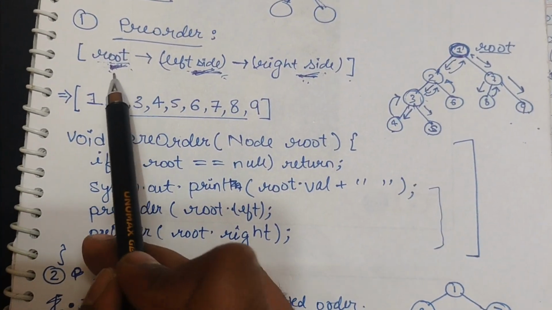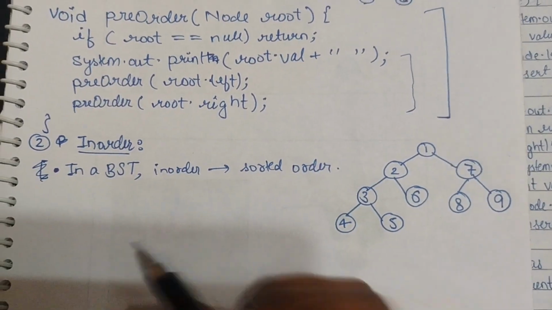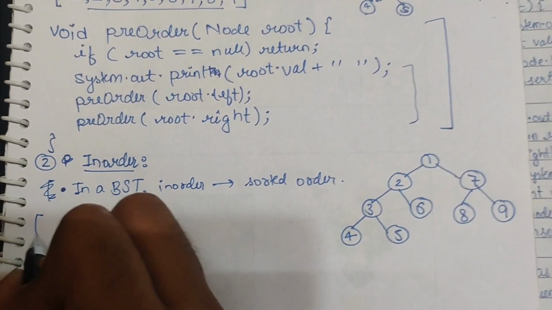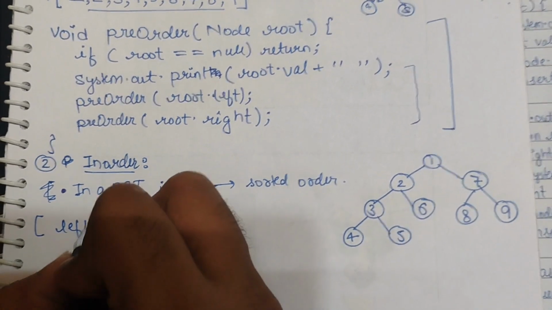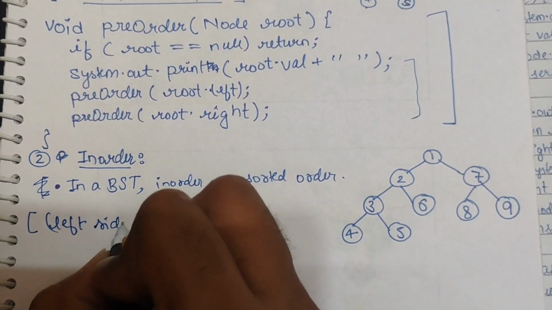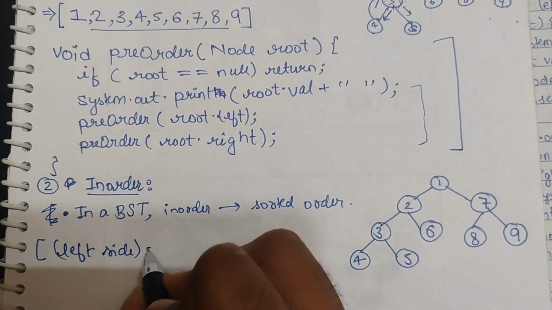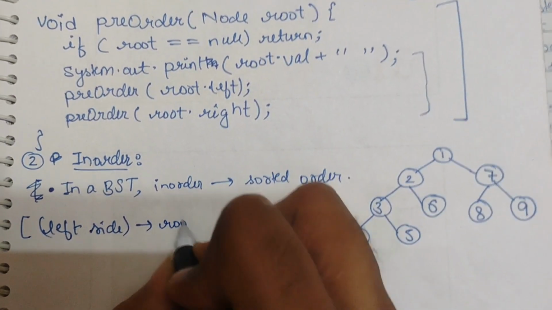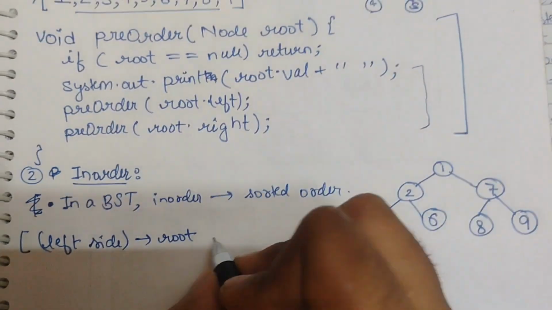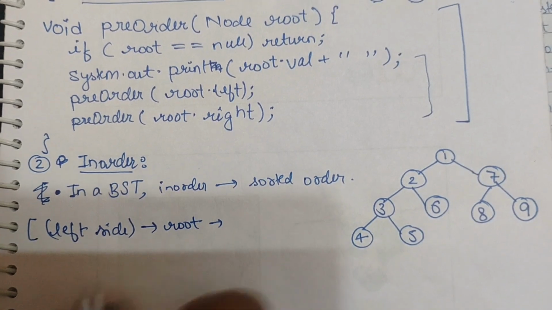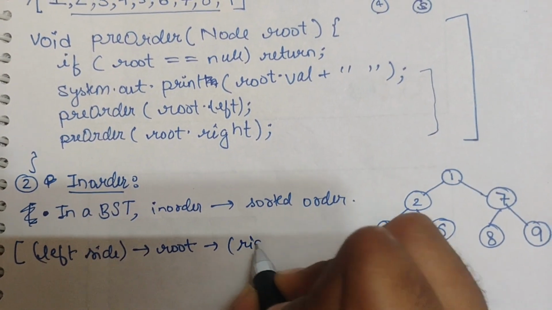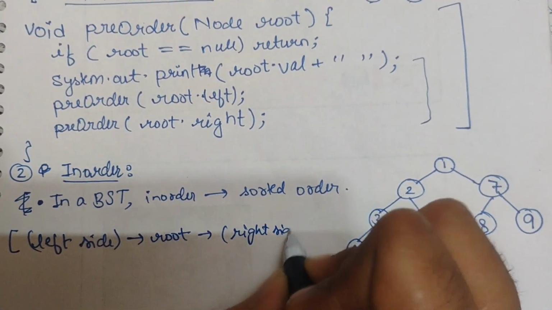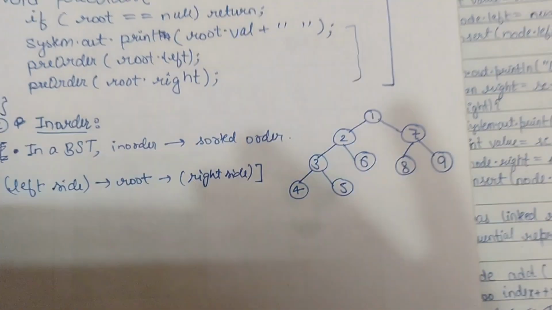Just like I told in pre-order, I'll tell the sequence for in-order. First we will visit the left side of a node. After the left side, we'll visit the root, that is the node. Then after that, I visit the right side, that is the right nodes.